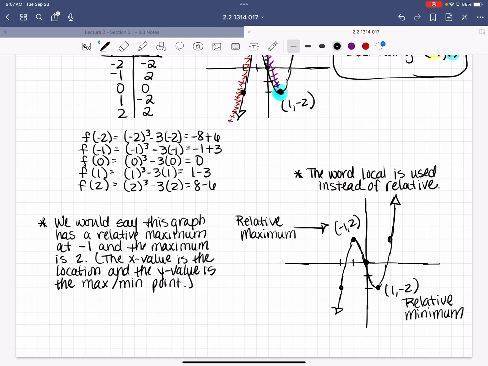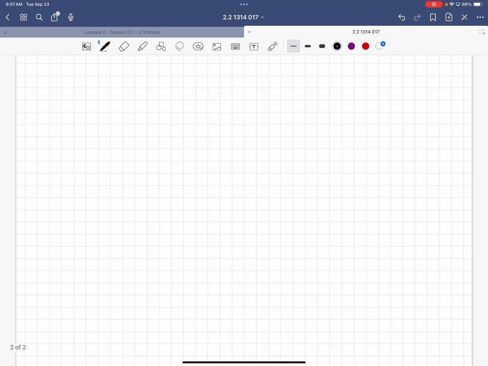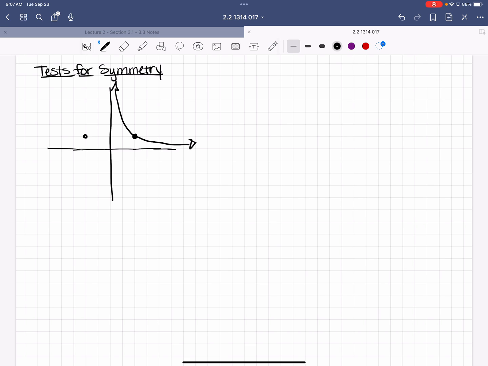Let's talk about tests for symmetry. Okay, so if I have a function that looks like this, I've got a point at 2, 1, and I have a point at negative 2, 1. And it looks like this.